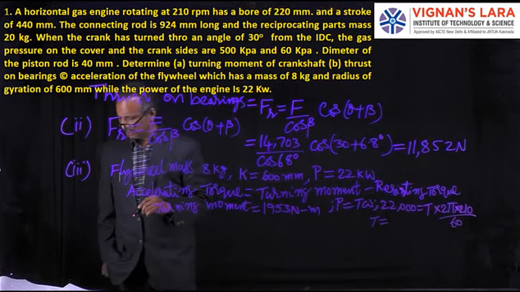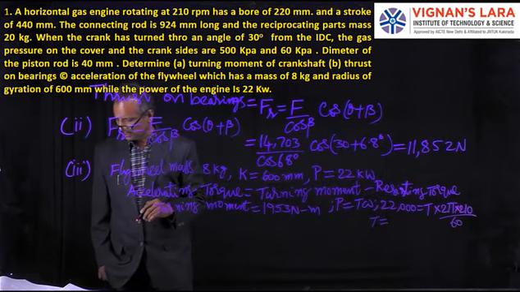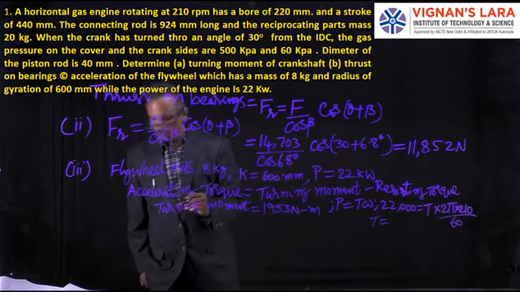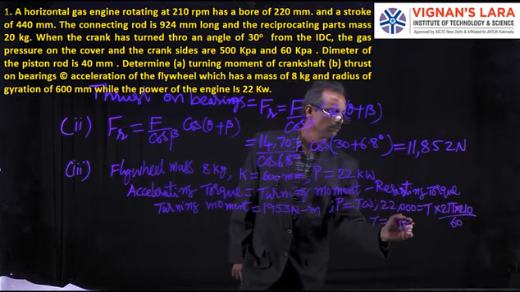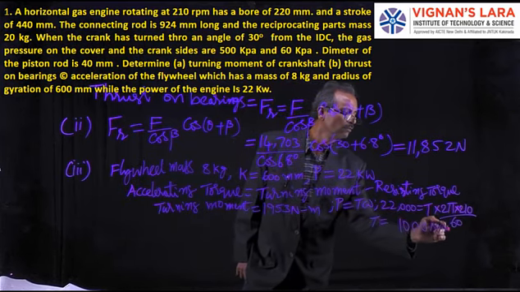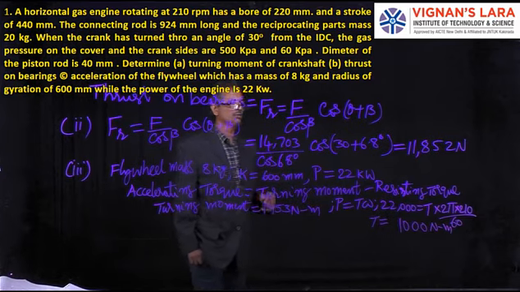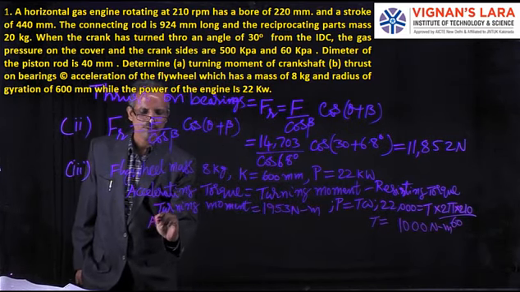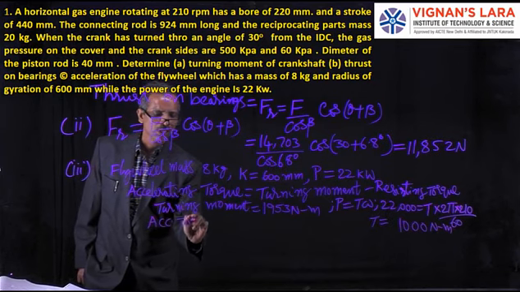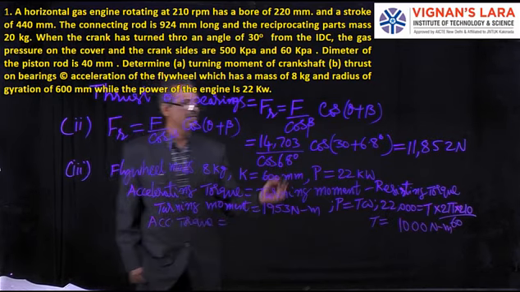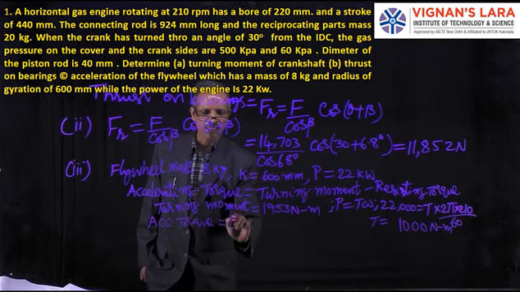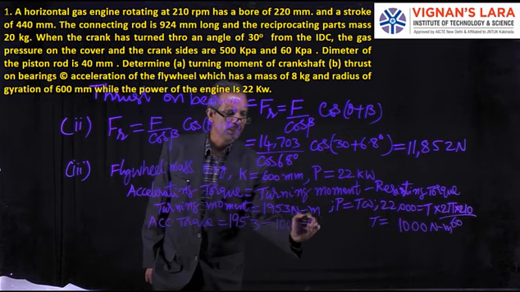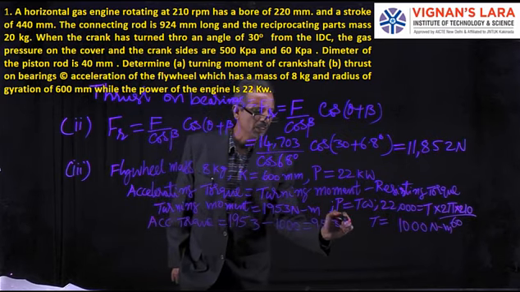So by calculating this, you get T is equal to 1000. Then the accelerating torque is the difference, that is 1953 minus 1000, that is 953 Newton meter.